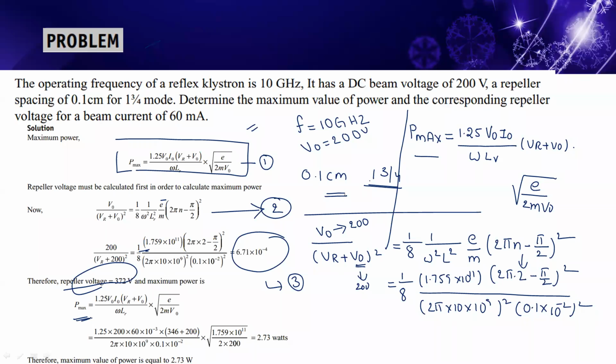What is the maximum power from here? Again for the power maximum, we finally substitute: 1.25 times V naught 200, I naught 60 milliamperes, and repeller voltage about 370. Then 2 pi f naught, and e 1.759 times 10 power 11 by 2 m V naught.